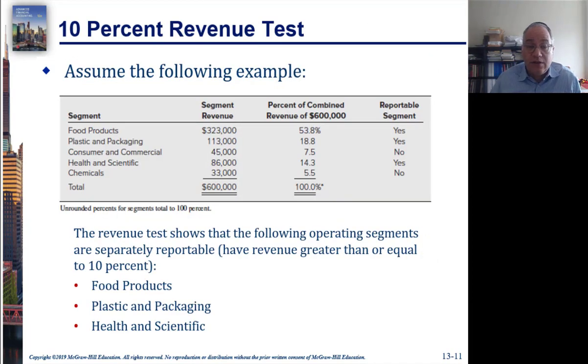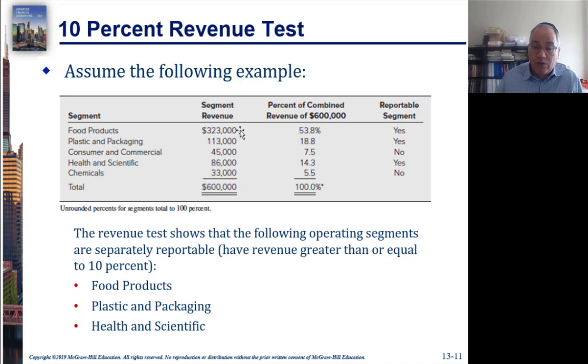So let's consider this division here. We have food products, plastic packaging, consumer, commercial, health and scientific, chemicals. 5 segments, right? And this is the segment revenue. And again, it should be noted that the segment revenue includes inter-segment sales. So basically, you would allocate this 600,000 total between the 5 things.